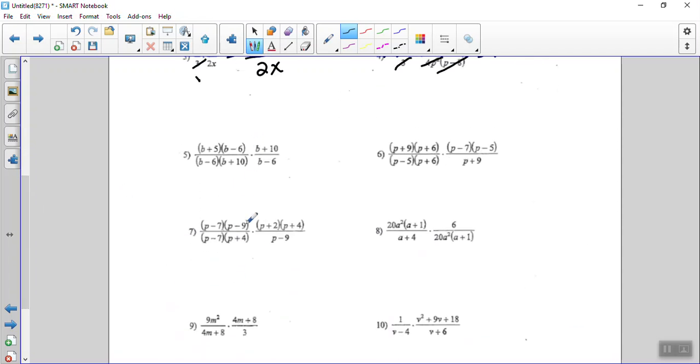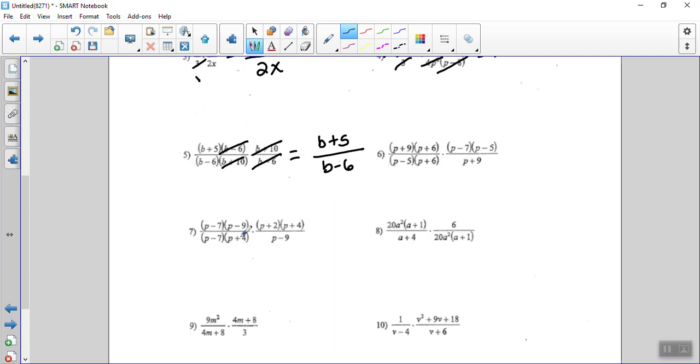Let me do this left column over here. b plus 10, b plus 10, b minus 6, b minus 6. I can't cross out the b's because it's not written as a factor. It has the minus 6 and the minus 5. So with all that, you just do b plus 10 over b plus 6.